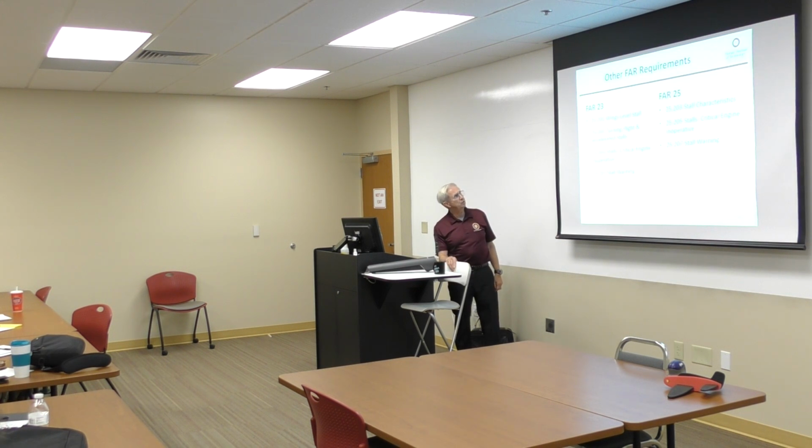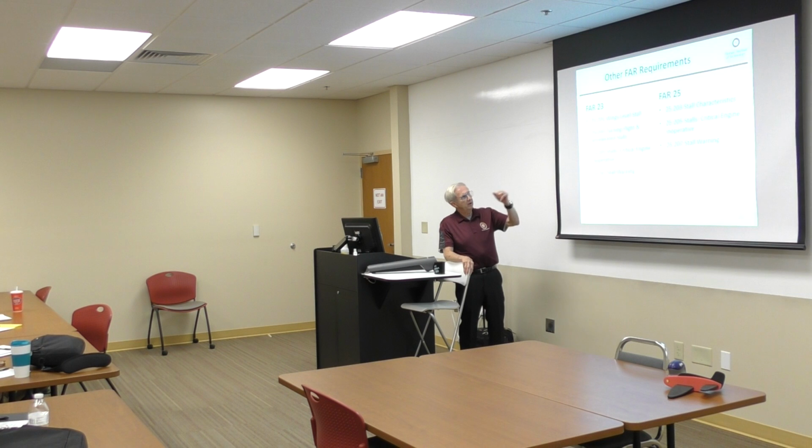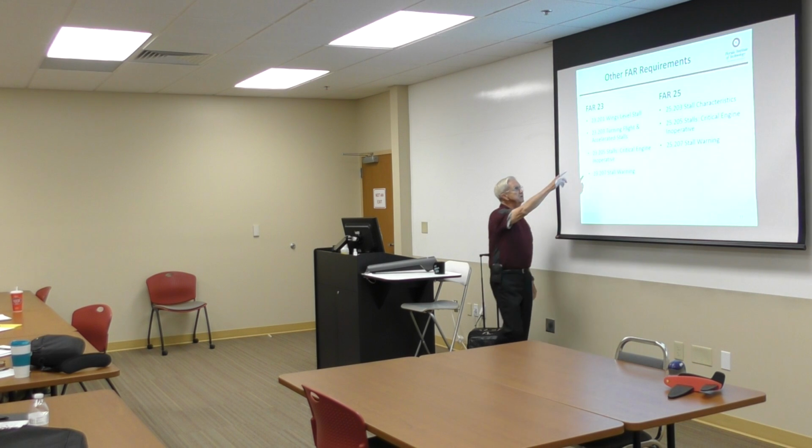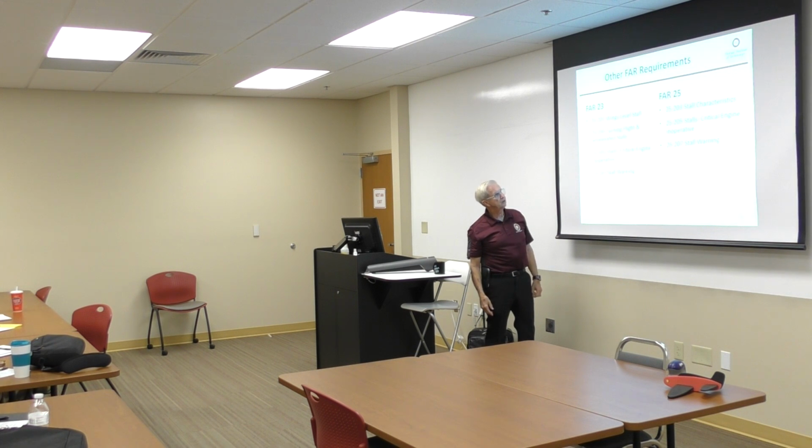Here compares the two rules. 23.201 is wings level stall. You don't have that in 25, you have 25.203. Generally, you can just compare these last numbers across rules. Here it's for turning flight and accelerated stalls.